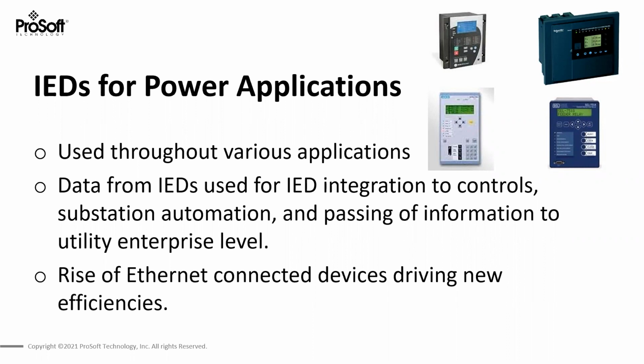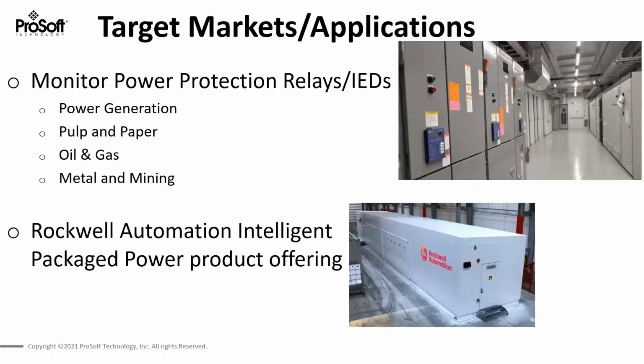So when we really look at where these applications occur, I like to always say that if you find yourself in a room like the picture on the top right-hand side, that's really where you can incorporate some of these devices into your control architecture.